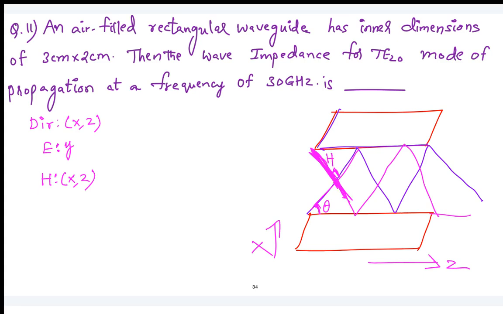And when I say the magnetic field in X direction, because you have defined the wave impedance for TE as Ey divided by Hx, you should consider what is the magnetic field component in this direction. In order to do that, this is your Hx component and this is your resultant magnetic field, and then you can find out what is the value of Hx.